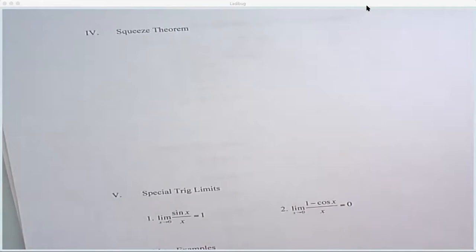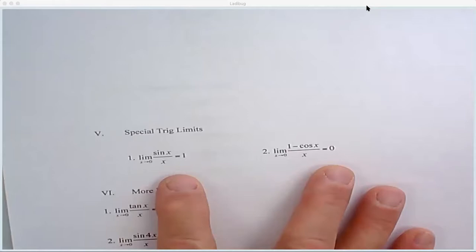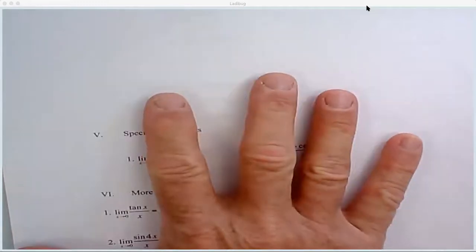So the quiz is on Monday. You're going to see another adjustment to the 1.3 homework. I'm going to take these kind of problems out of the homework. You'll see that today. So this squeeze theorem will go on the next quiz, and I'll add those two just like I was going to do with the delta.